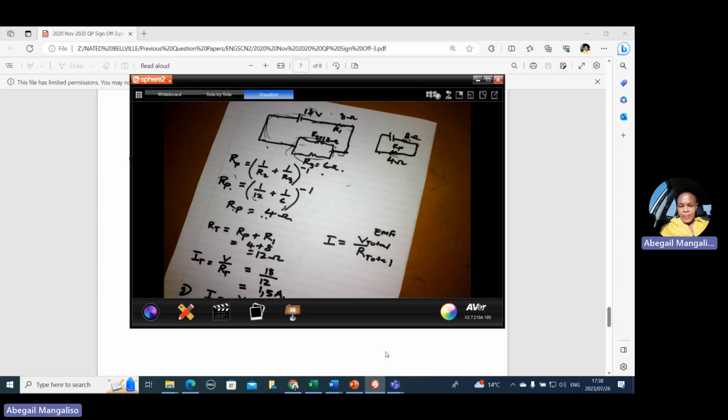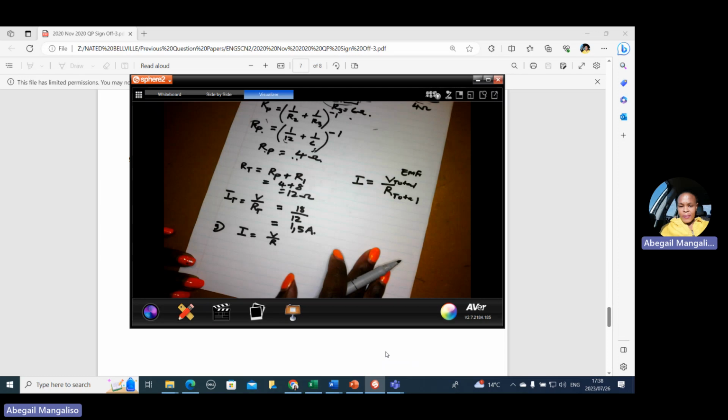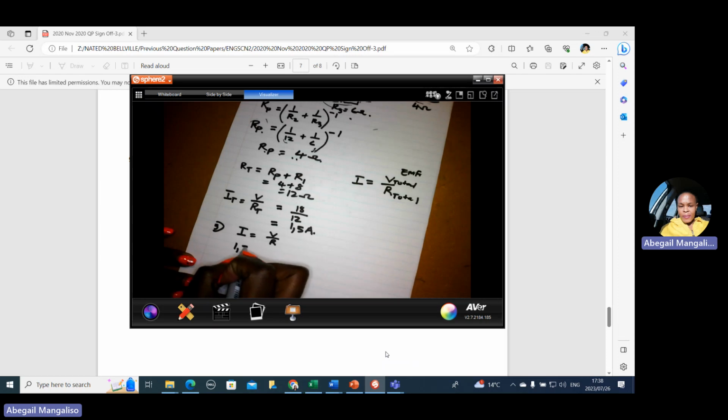So total current is the same current that flows through the 8 ohm. So we're gonna put 1,5 equal to the voltage, which is what we want there, divided by R, which is 8. It says through the 8 ohm, so resistance is 8. So these two, they multiply.